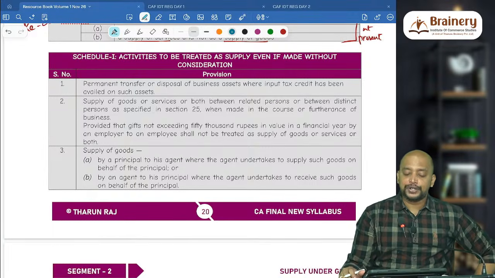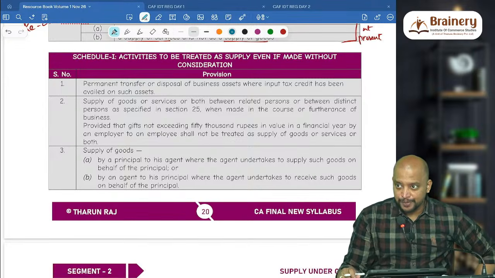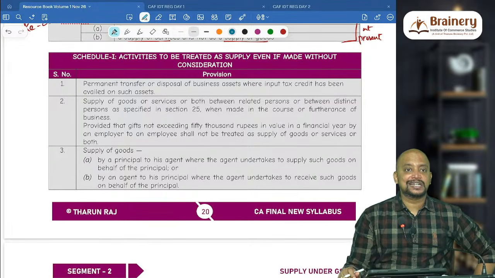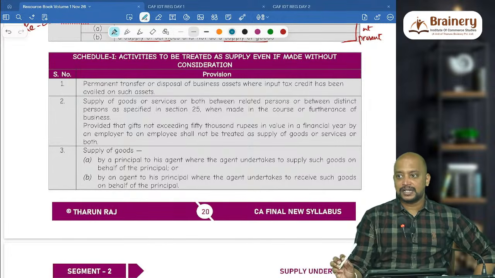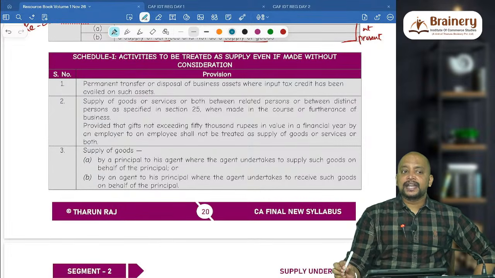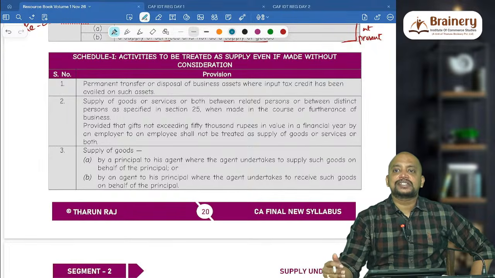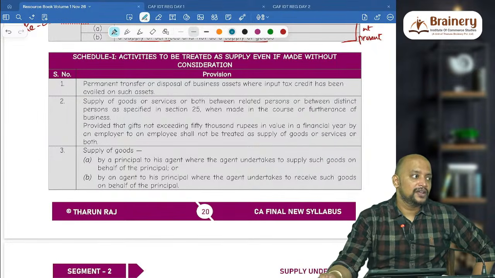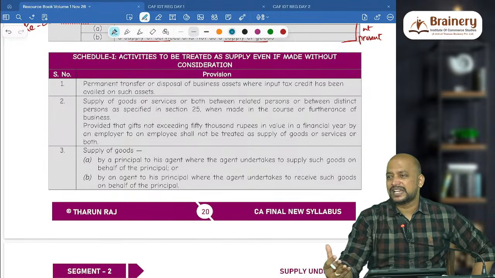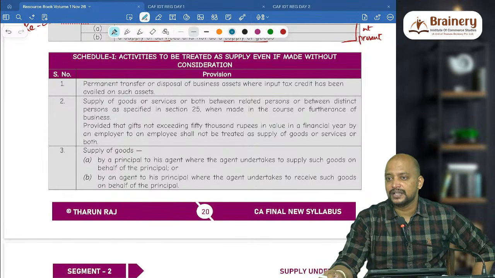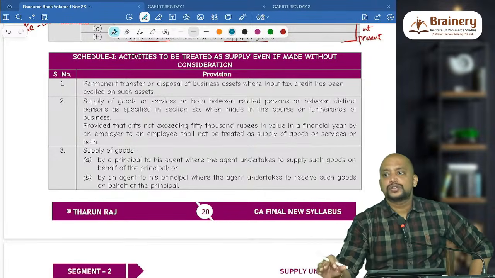In that, look into the first one. Permanent transfer or disposal of business asset where ITC has been availed on such assets. Listen, I am buying an AC, and at the time of purchase of AC, GST paid is taken as ITC. What will I do with the AC after 3 years, 4 years? Because life is hardly 3 years, 4 years. Thereafter, it may not function as effectively. So what should I do?